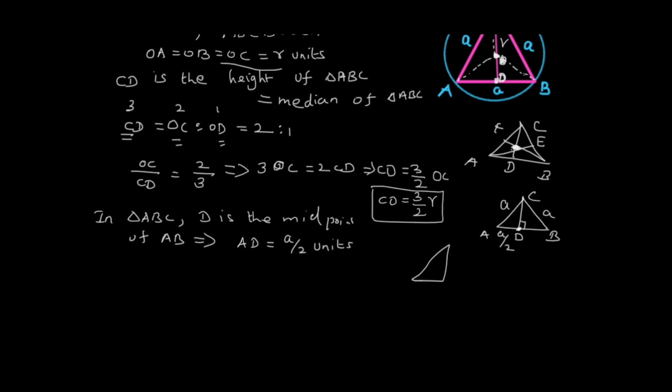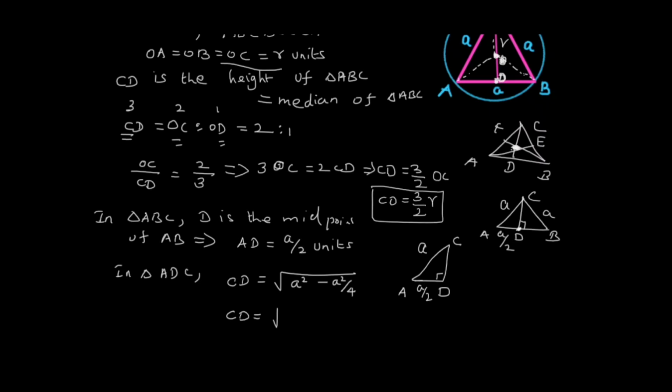Both sides will have equal area triangles, because the median divides the triangle into two equal parts. This is A unit, this is A by 2 unit, here 90 degrees. So we are applying Pythagoras. In triangle ADC, the CD length is the square root of hypotenuse squared minus one side squared, A squared by 4.